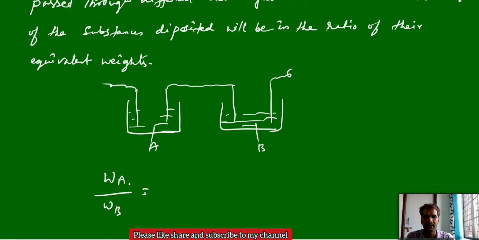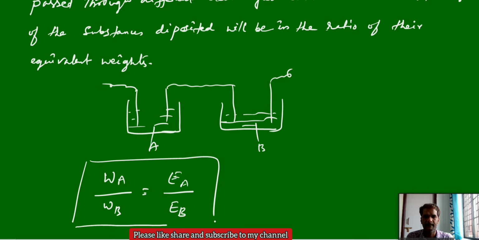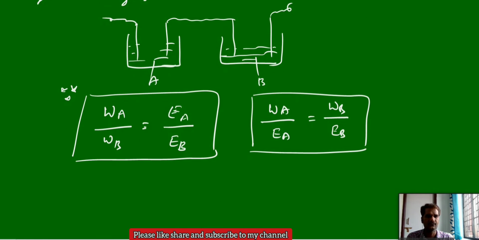So WA by WB should be equal to equivalent weight of A by equivalent weight of B. This is the second law of Faraday. Now we can write WA by EA is equal to WB by EB.